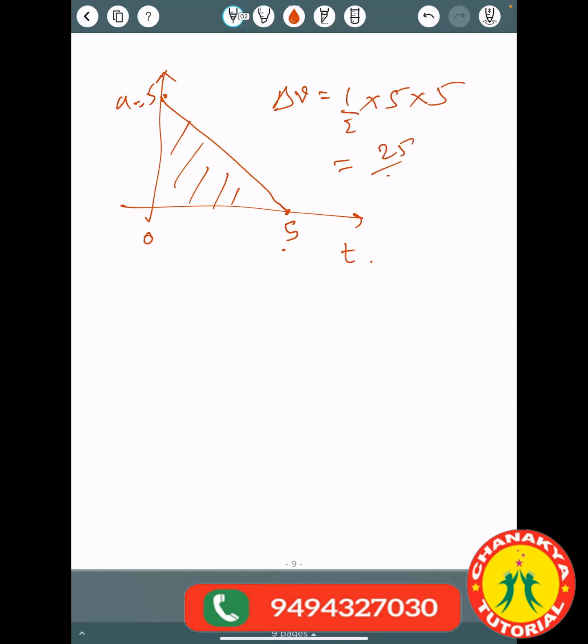525 by 2, that is 12.5, right? Let's say in the question the initial velocity was 5 meter per second, calculate the final velocity. Then what you have to do, delta V is equal to 12.5.